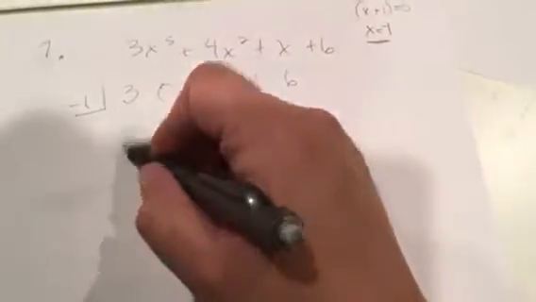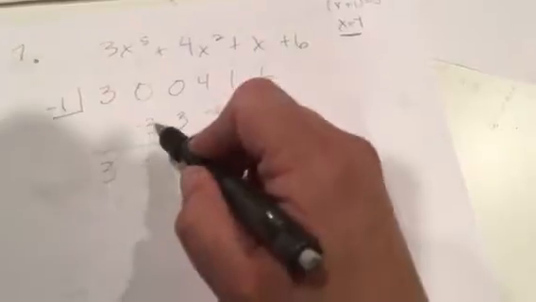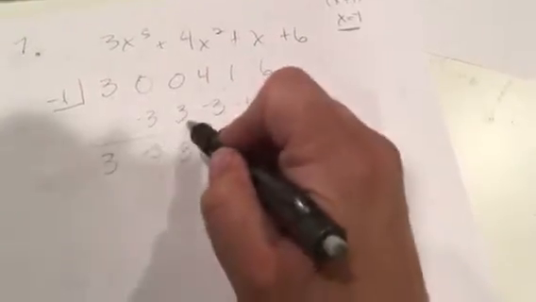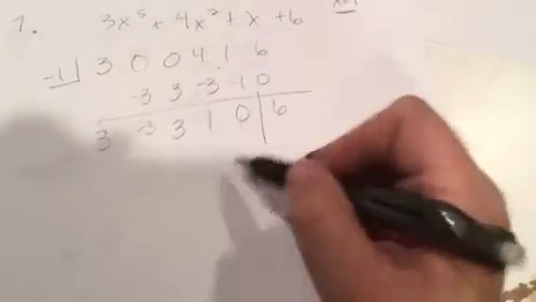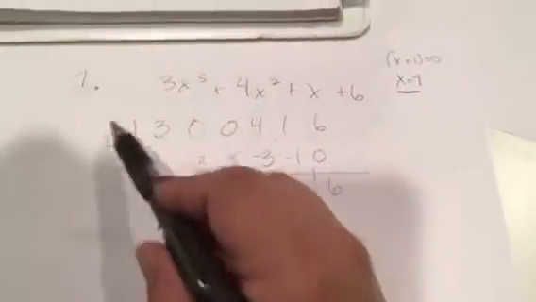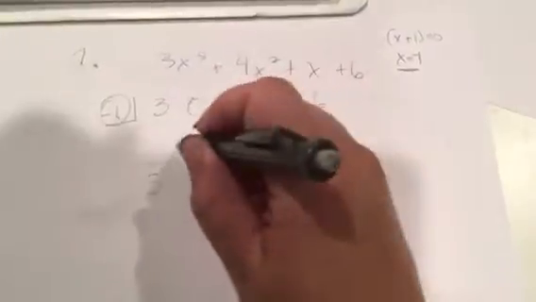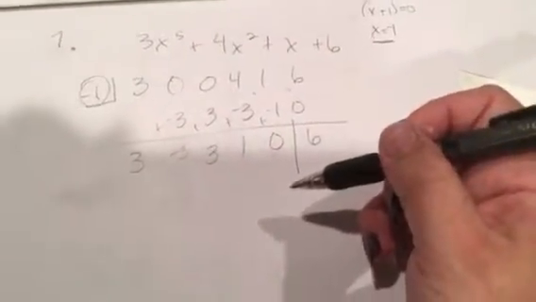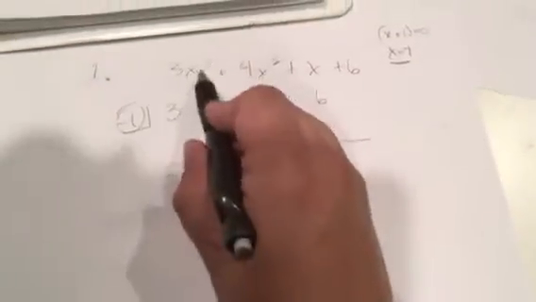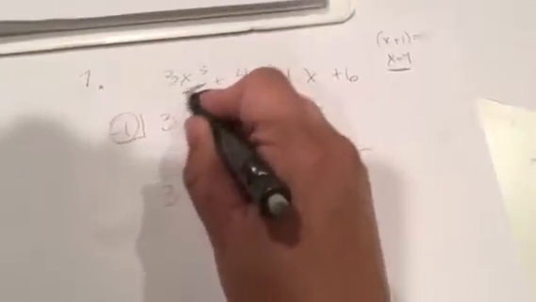Let me talk about that again. We bring down the first one, then we multiply, put it here, add, multiply, add, multiply, add, multiply, add. It makes like big check marks. So you keep multiplying by this, and then add. Now your answer starts 1 degree below the question.